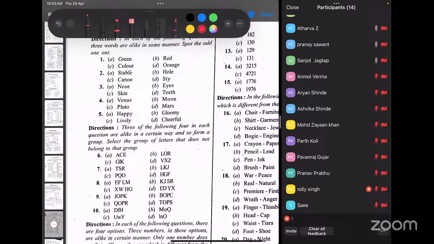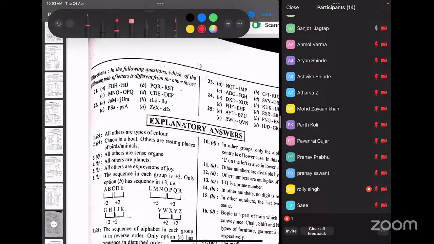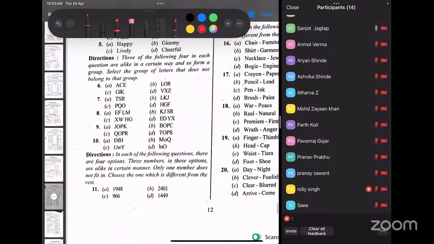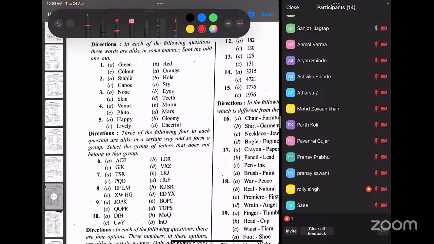Sir, can you check? Okay. First is C, gloomy, second is C, third is D, fourth is B, and fifth is B. All others are expressions of joy. Gloomy.